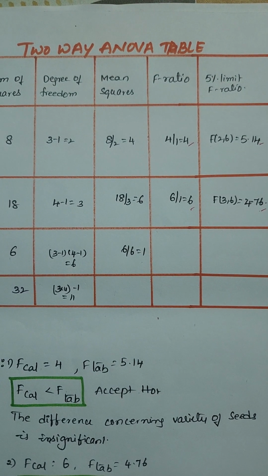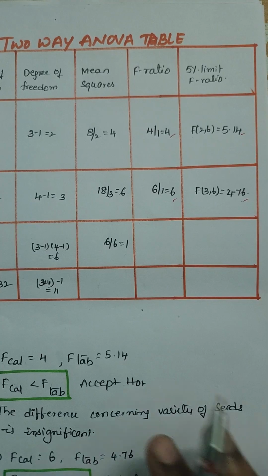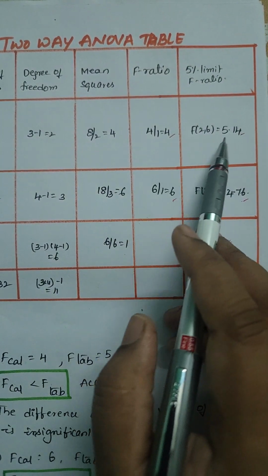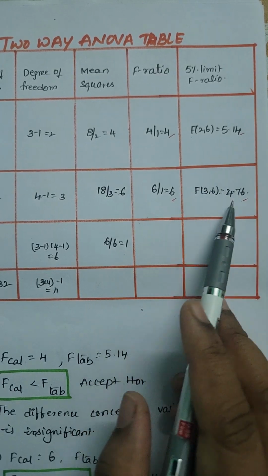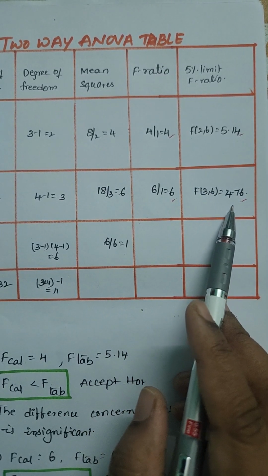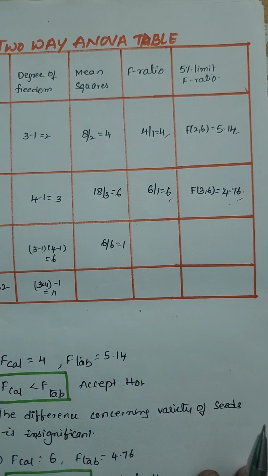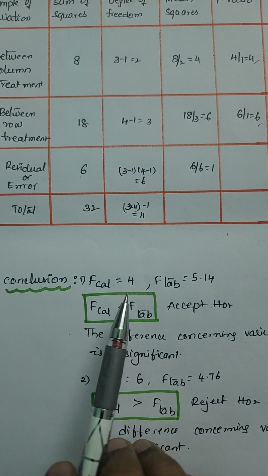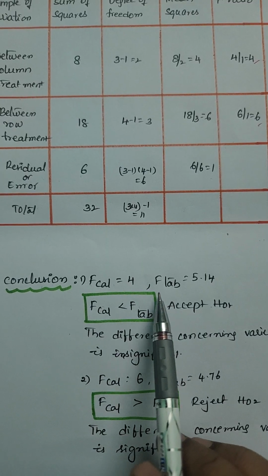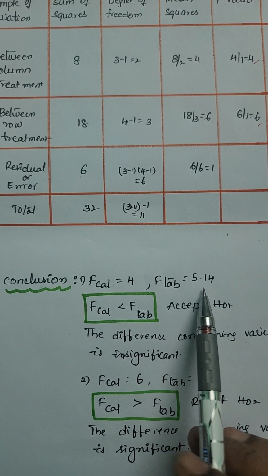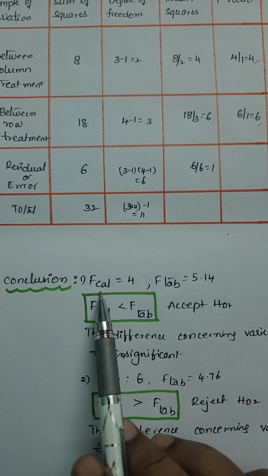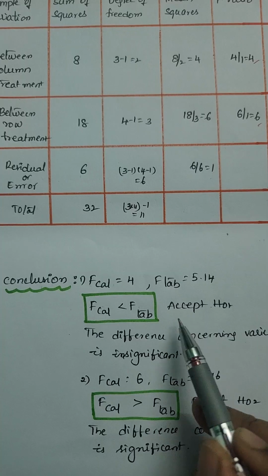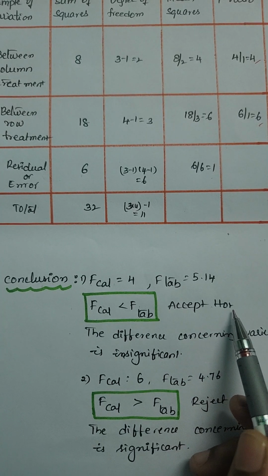Now we will compare calculated values and tabular values. Here 4 is less than 5.14, and 6 is greater than 4.76. So our conclusion: the F calculated value between the columns is 4 and the F tabulated value is 5.14. The F calculated value is less than the F tabulated value, so accept H01.